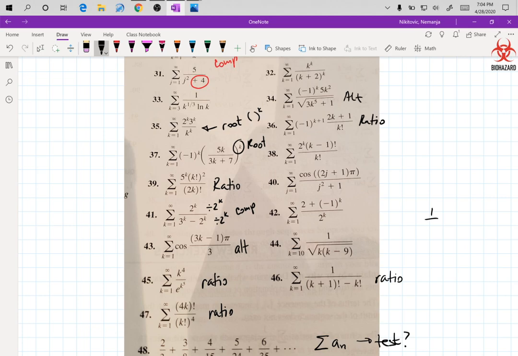So all of this is going to be k times k minus 9, all of this raised to a half. So the limit is 0, so divergence test is out.